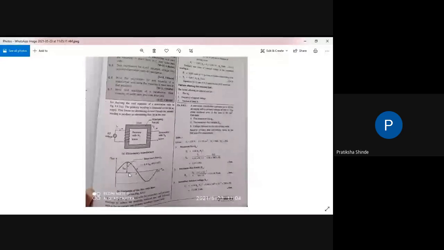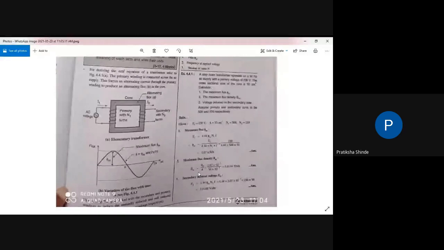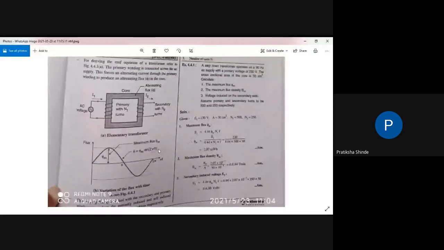Comparing this equation with the flux, we get the phi equation. Phi is the flux. The equation is phi equals phi m sine of omega t, that is 2 pi f t. This is your flux equation and flux diagram, where phi m is also called the maximum flux. Now, what is the EMF equation?